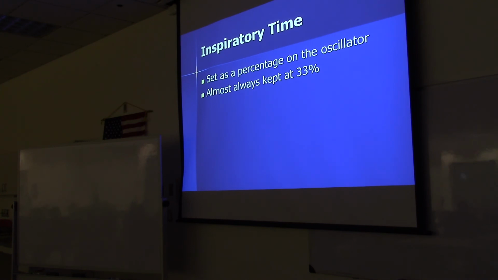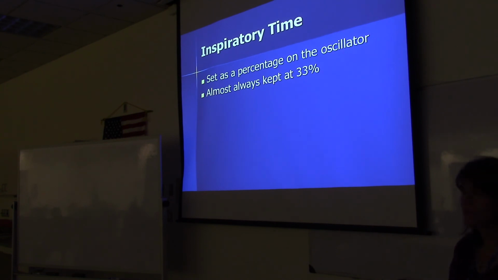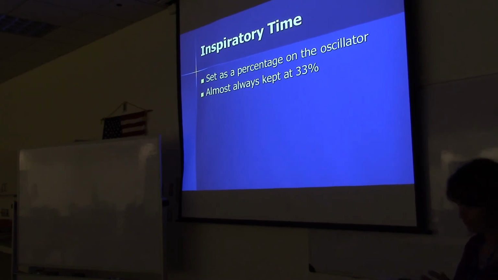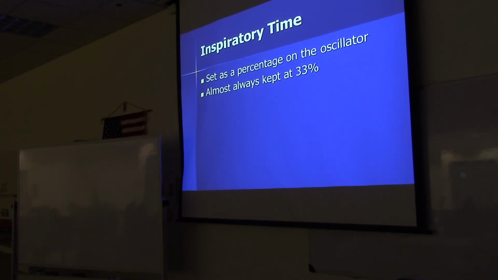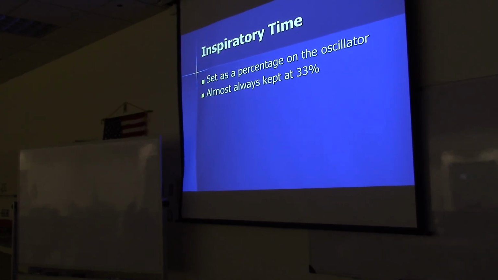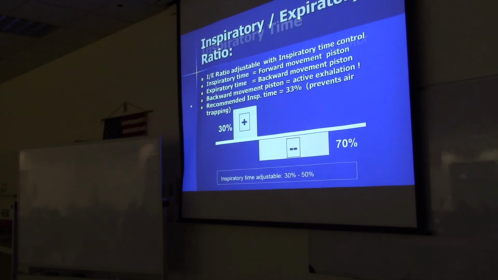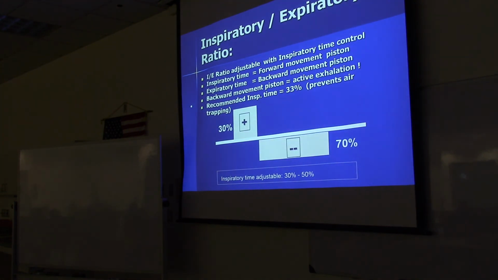So when you're writing down all of the settings for the oscillator, write down your I time, but it'll almost always be 33%. I guess the picture of the circuit's on the other handout.